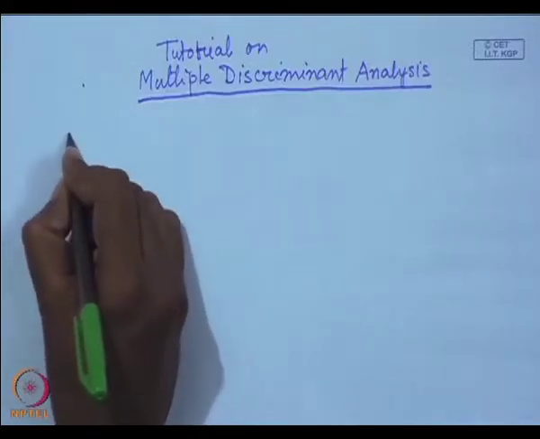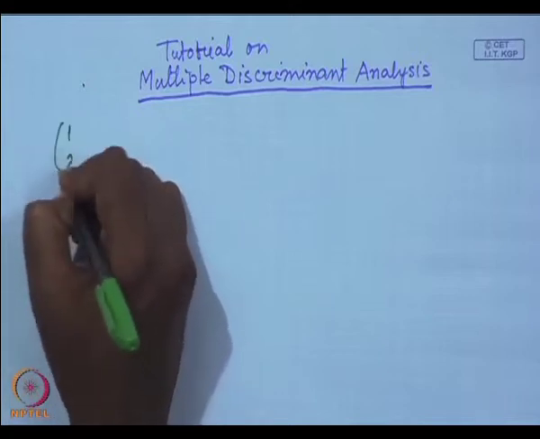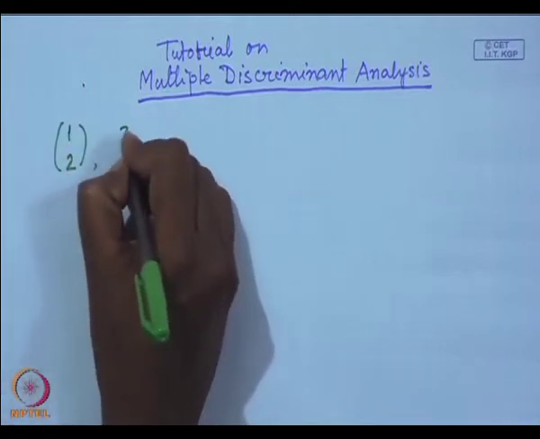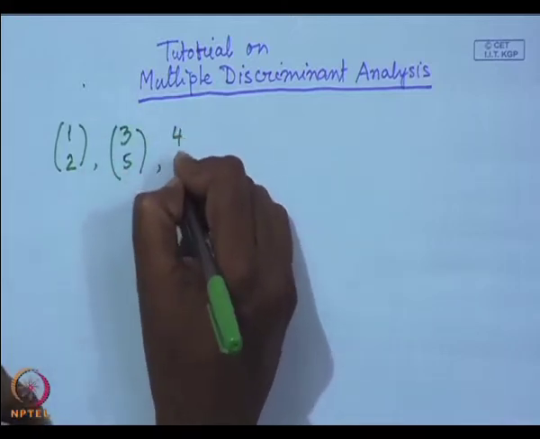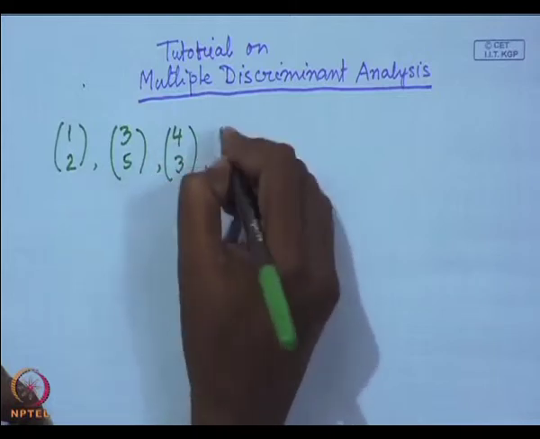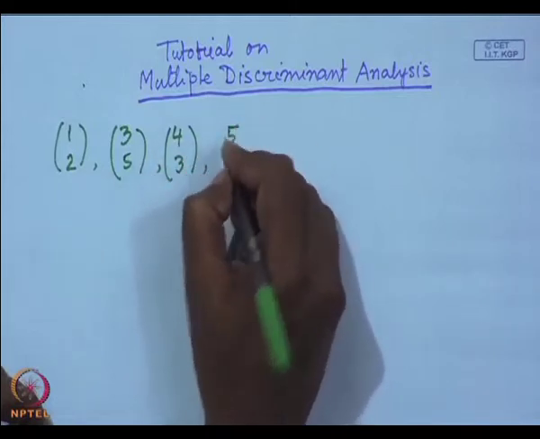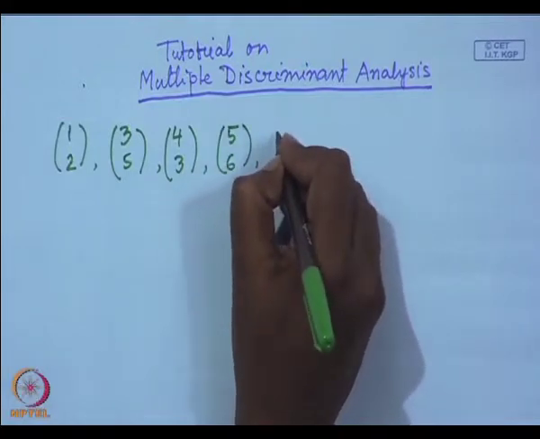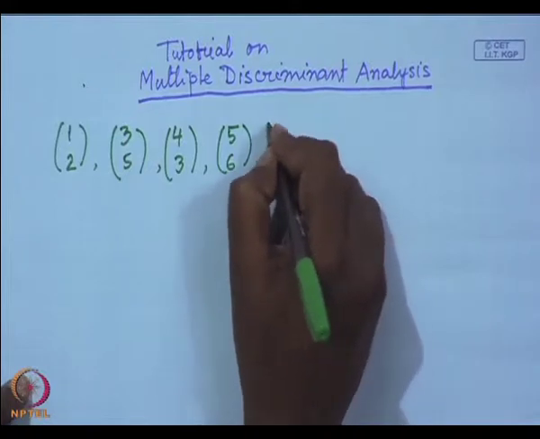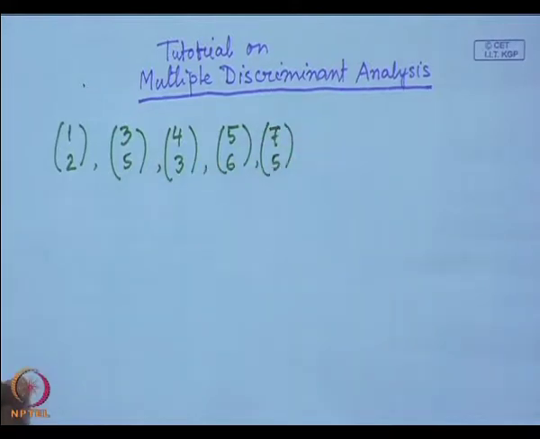Suppose we have been given some feature vectors: 1 2, then 3 5, then 4 3, then 5 6, and 7 5. So, we are considering two dimensional feature vectors. Suppose these are the 5 feature vectors which belong to class omega 1.